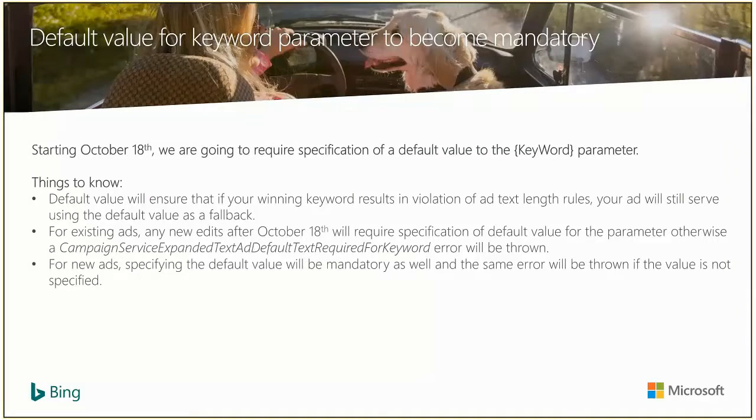Before, the keyword default value wasn't mandatory, so if you didn't use any default value, and your keyword was longer than expected for the text ad to be served, then your ad wouldn't be served. Now we want to avoid this and make the keyword default value mandatory, so we will avoid not serving your ads. You don't need to do anything for this, but after the October 18 release date, you would get another error that shows you that you need to use a default keyword value when you are using a keyword in your text ads.